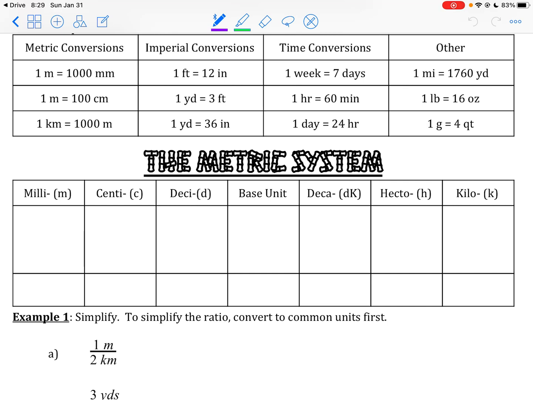So we can have meters, and that's an M. We can have liters, which is an L. We can have grams, which is a G. And all of those can be base units.